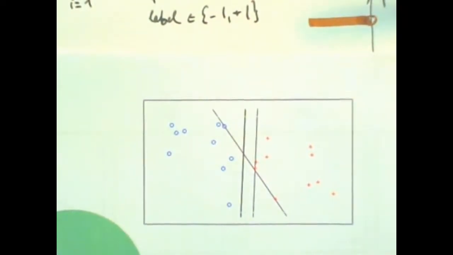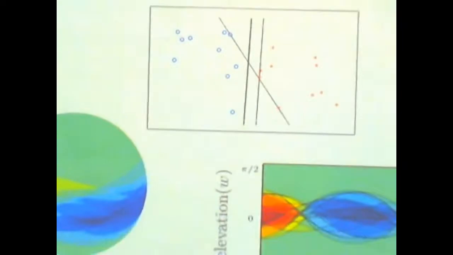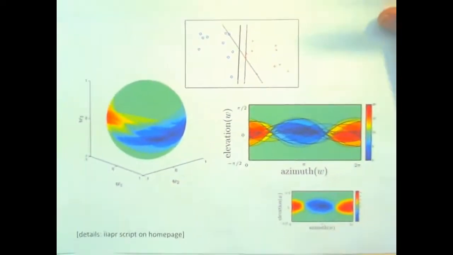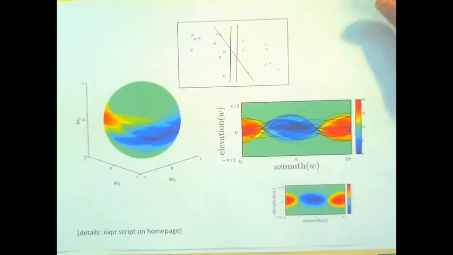And for each of these classifiers, I can compute the total 0, 1 error. And that's what you see plotted here. Really, I only have 2 degrees of freedom to represent such a classifier, namely slope and intercept.